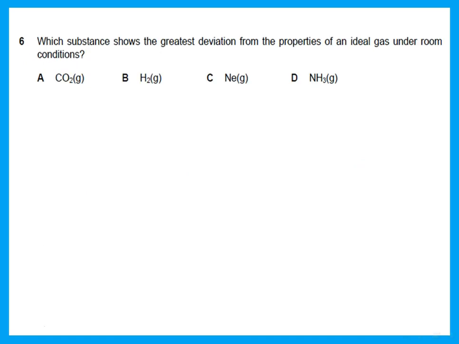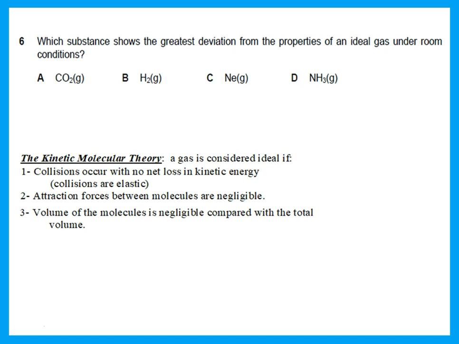Okay, the next question says, which substance shows the greatest deviation from properties of an ideal gas under room conditions? First of all, what are the properties of an ideal gas? You should realize that the kinetic molecular theory says a gas is considered ideal if the collisions are elastic. That means when the particles collide with each other, they do not lose any energy.